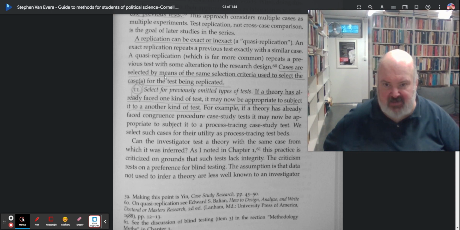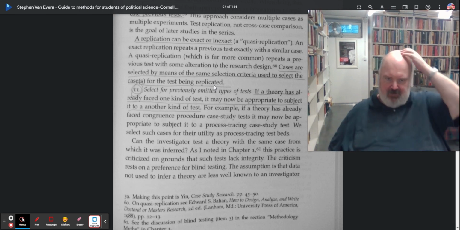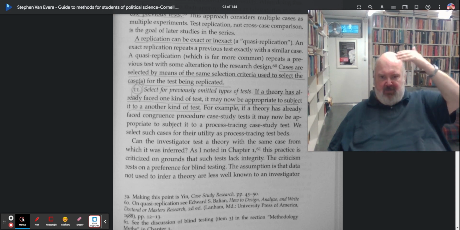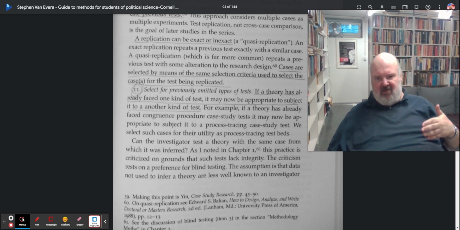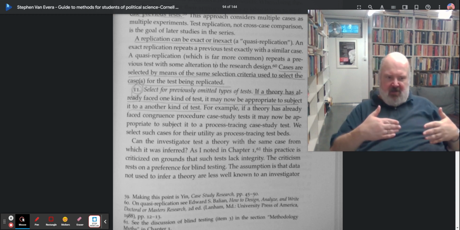Cases are selected by means of the same selection criteria used to select the cases for the test being replicated.